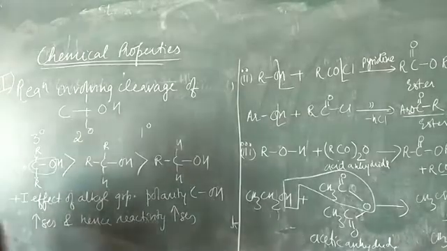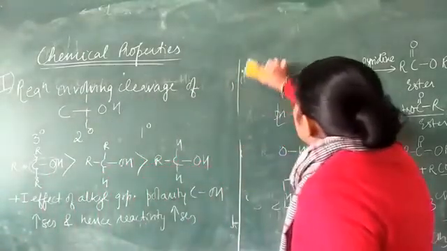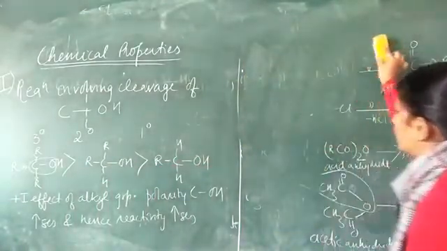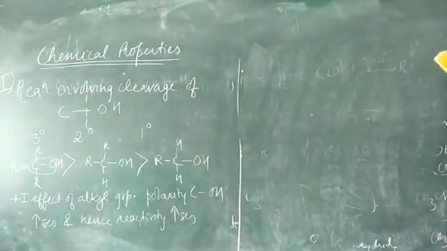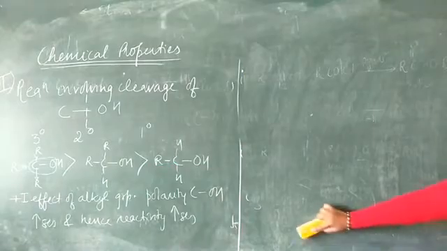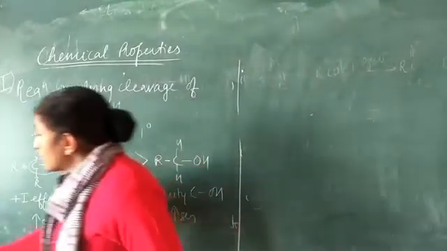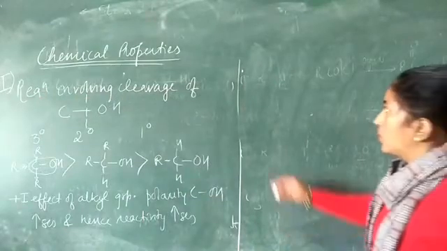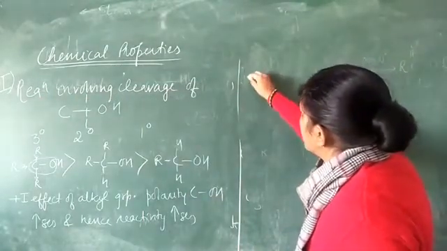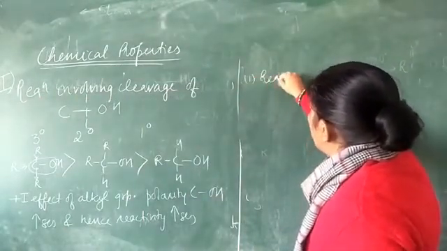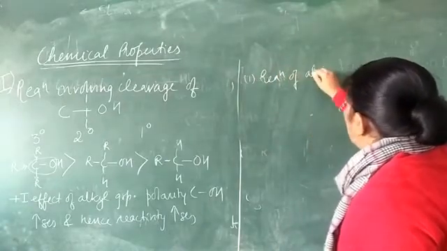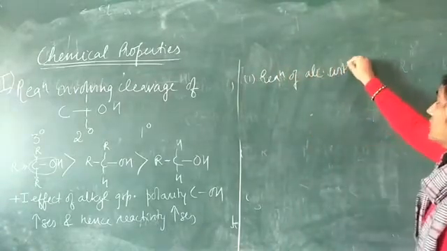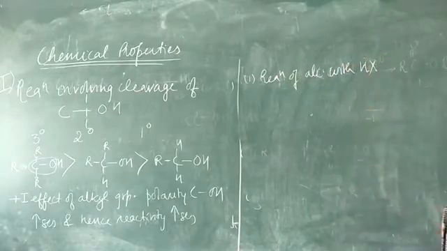Now let's see the reactions for the cleavage of the C-OH bond in alcohol. These reactions, students, you have done in the haloalkane unit. I hope you remember. The first is the reaction of alcohol with halogen acid.